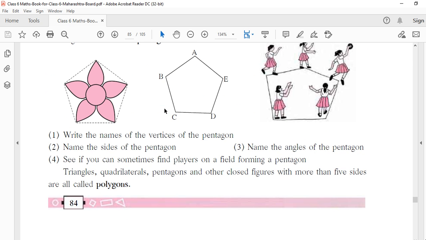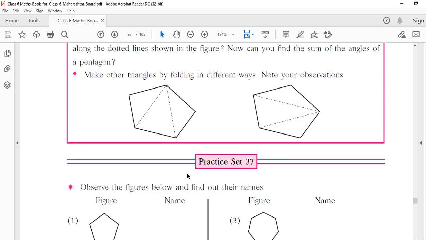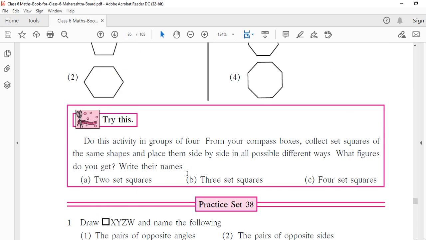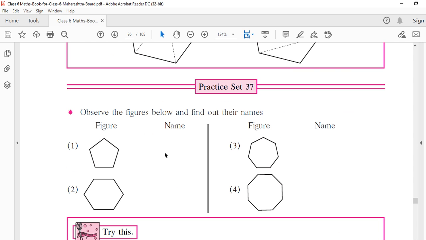Just now we saw that a figure with 5 sides and 5 angles is called a pentagon. So this is a pentagon. Next is 1, 2, 3, 4, 5, 6. This has 6 sides, so this is called a hexagon. A figure with 6 sides and 6 angles is called a hexagon.